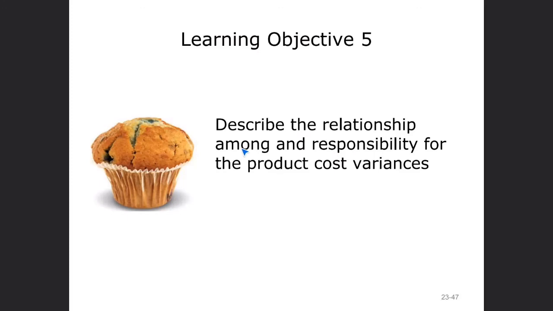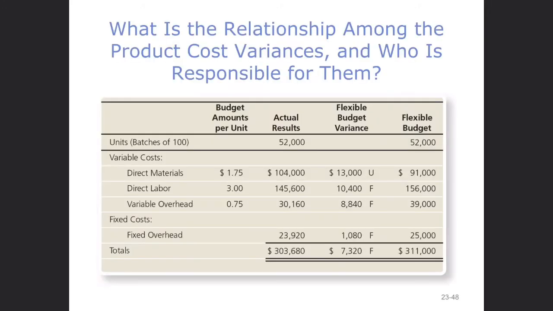Learning objective 5: describe the relationship among and responsibility for the product cost variances. What is the relationship among the product cost variances and who is responsible for them? Again, we've got our budget amounts per unit, our actual results, our flexible budget, and the difference of these two gives us our flexible budget variance.